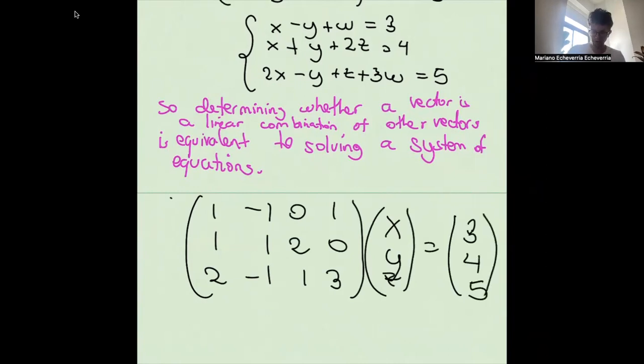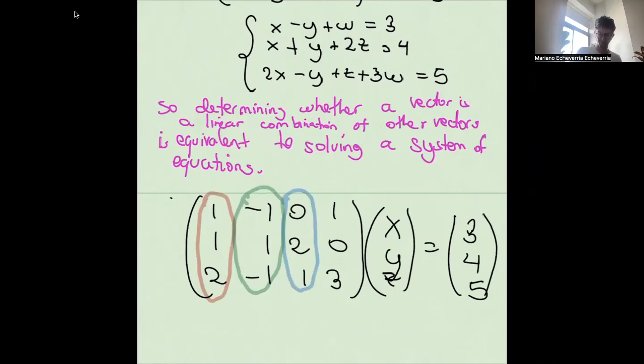So can anyone notice something interesting about the columns of this matrix? What can you notice about the columns of this matrix in terms of the vectors that we had in our original problem?